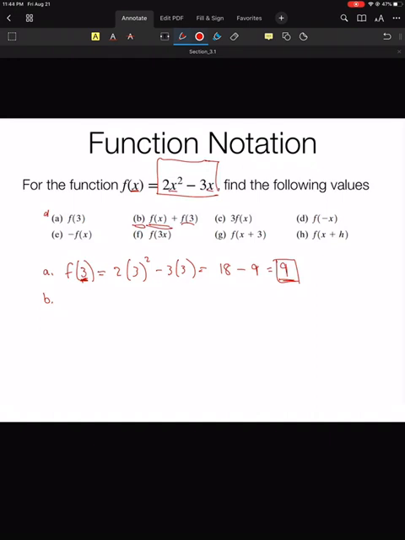Do I know what f of x is already? Yes. So when I have a symbol in here that's not a number, I'm just going to input that symbol into wherever the placeholder, which was x, was before. So I'm replacing x with x, and lo and behold, I get out what this was originally.